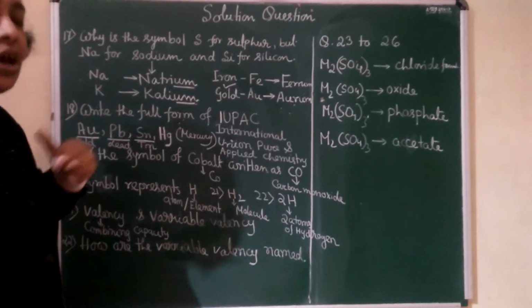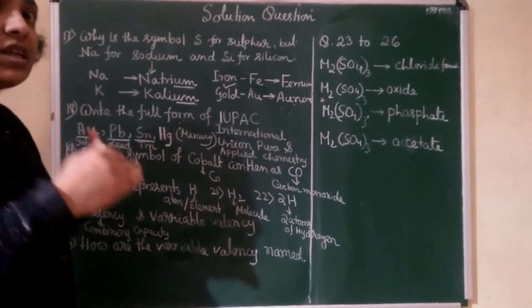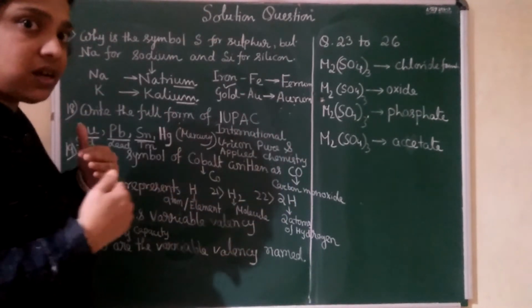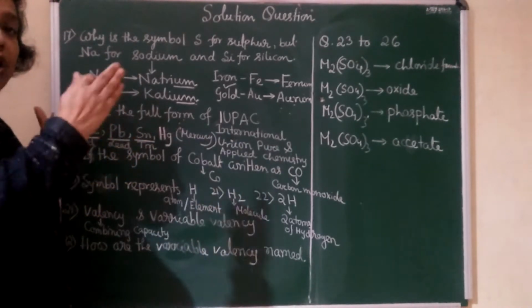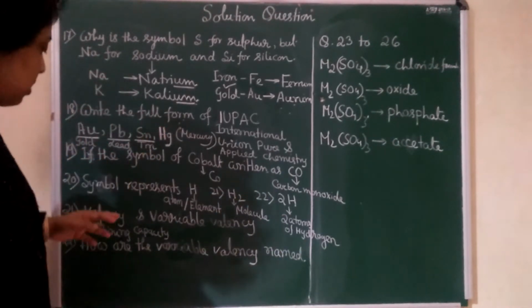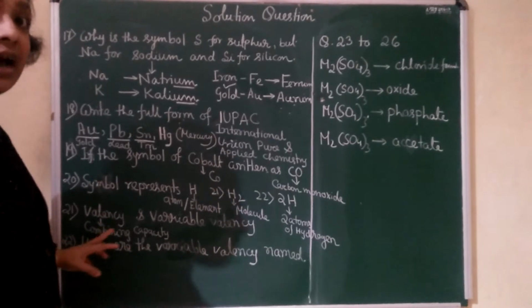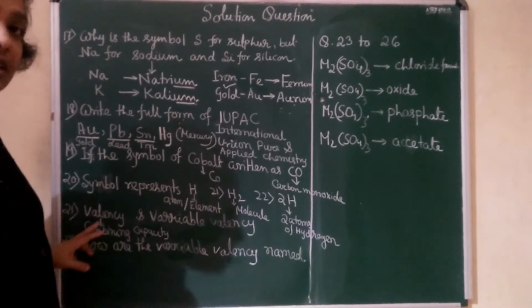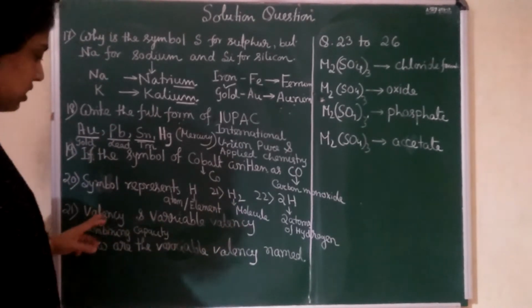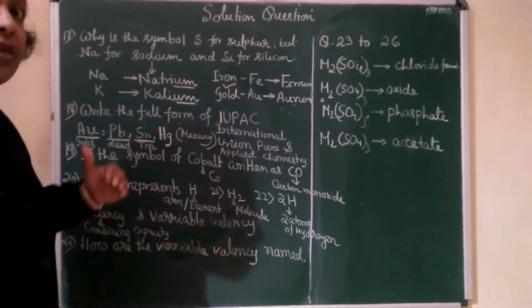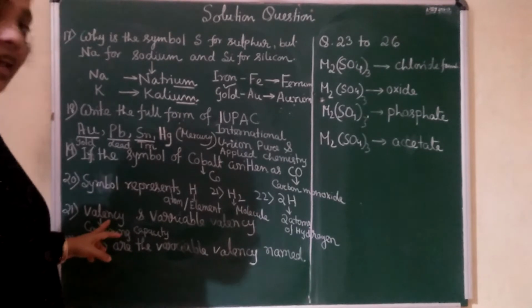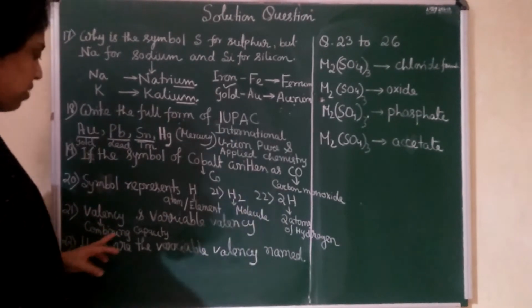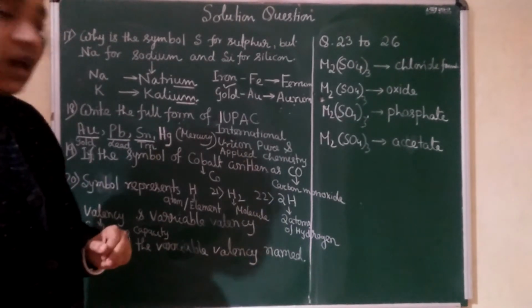When it forms a bond, that is, when it combines with another element. That time only there will be loss or gain of electrons. So valency is nothing but the combining capacity of an element.